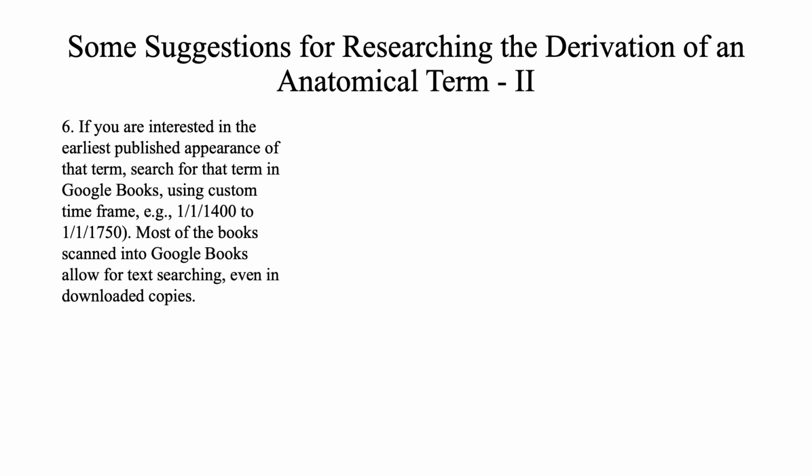You can also use Google Books if you want to see the usage of that term in a book. You can download any Google book that Google makes available, which is usually over 75 or 100 years. You can use a custom time frame. Now, if you know a term you're looking for was used in the 16th century, or you want to narrow down your search, you can go from, say, January 1st, 1500 to January 1st, 1600.